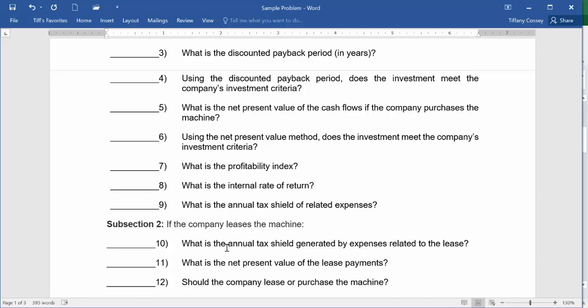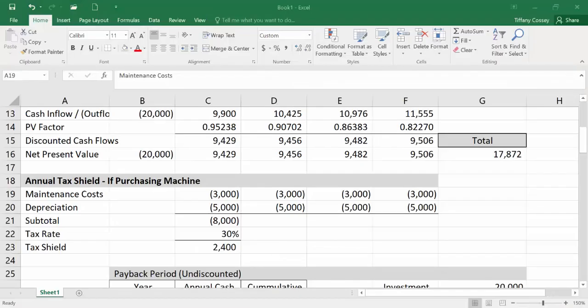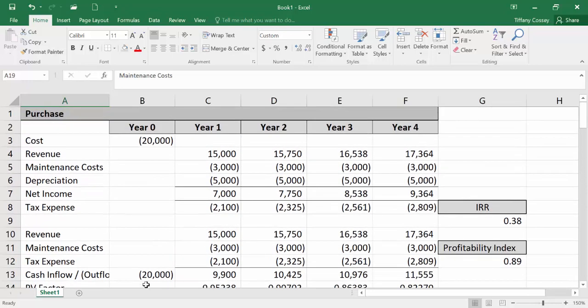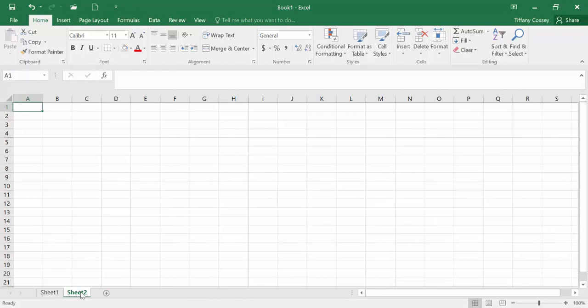Okay, so now we're ready for subsection 2. And it wants to know if the company leases the machine, what are the answers to these following questions? The next question asks, what is the annual tax shield generated by the expenses related to the lease? So coming back over here, we've just calculated the tax shield related to purchasing the machine. If we wanted to lease the machine, I'm going to flip over here and add a new tab.